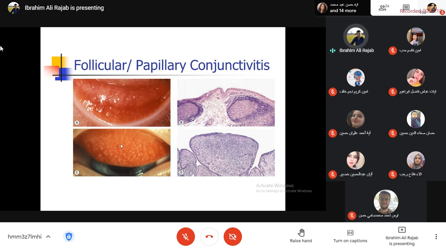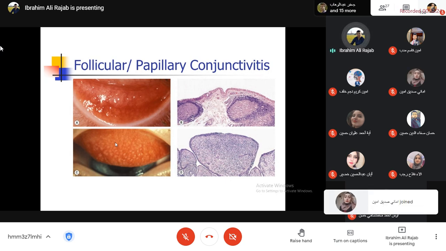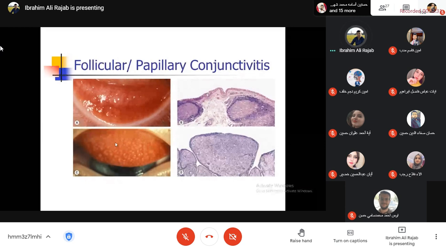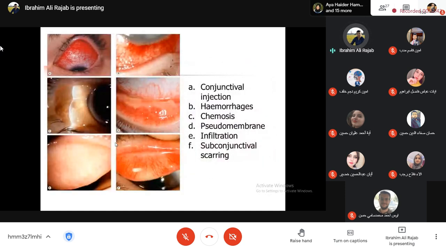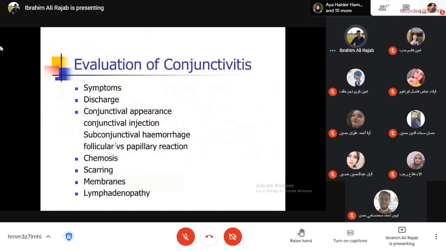This red dot represents the central fibrovascular cord of this papillae. So we have two types of conjunctival reaction, follicular and papillary. Papillary reaction may be caused by bacterial or allergic conjunctivitis. So by observing the type of the conjunctival reaction, we may reach the diagnosis.